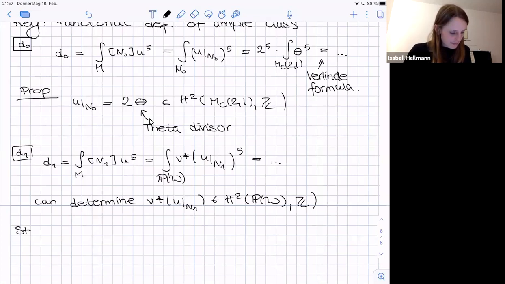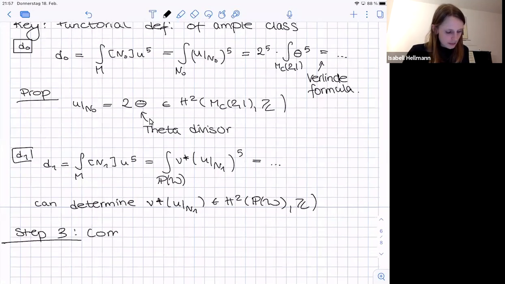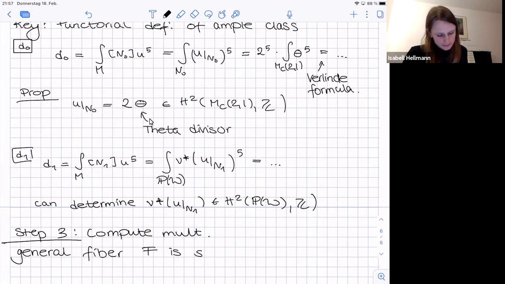So what's missing to complete the proof of the theorem is our multiplicities. And here, I have to admit, I was very lucky because it actually suffices to compute the degrees. So the trick here is that the general fiber F is smooth, so its multiplicity is 1.